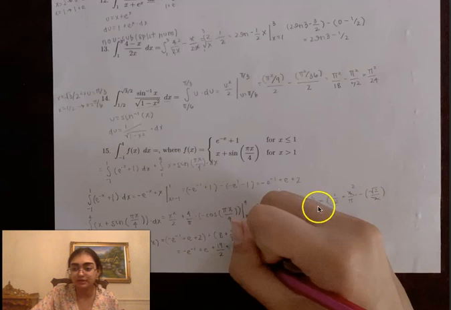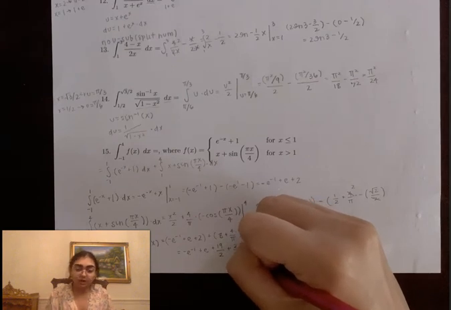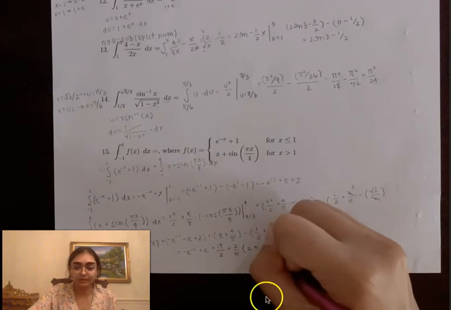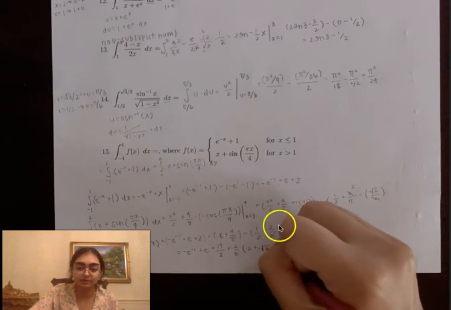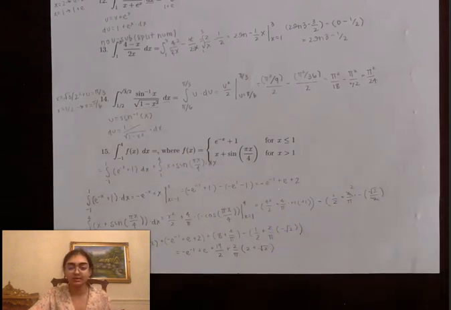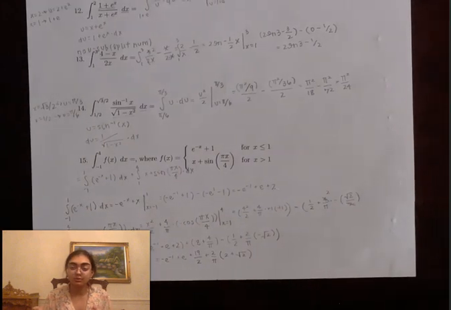There was this minus sign in front of this set of parentheses. So that means that the negative sign that is in front of square root of 2 is going to cancel each other out. So this minus sign is going to cancel the negative sign of this. So we get a positive square root of 2. So that means that we have 4 pi plus 2 square root 2 over pi.